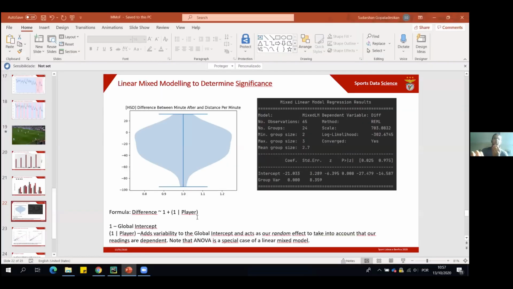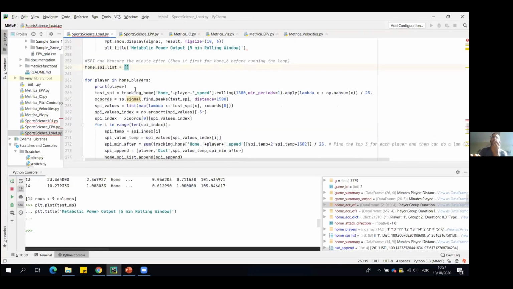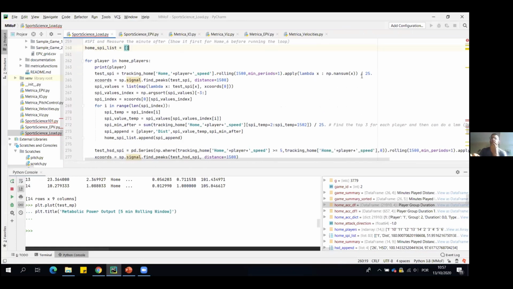So if we go into the code for this one, I'm not going to run it because this takes some time to run, but what we're doing is looking at the speed of the player. We're going to take a 1 minute rolling window. We're going to use a function within SciPy called signal find peaks.